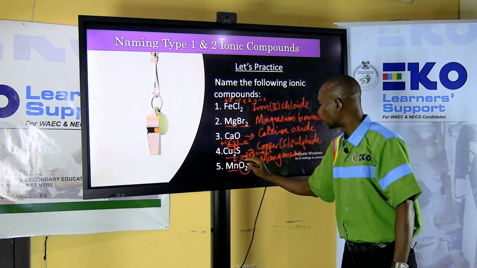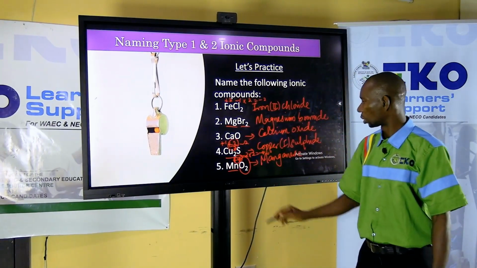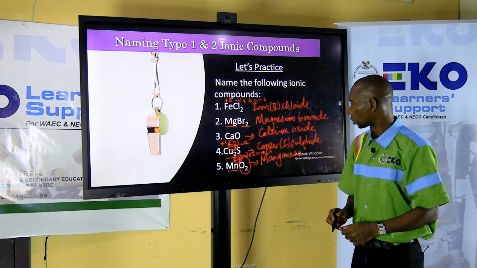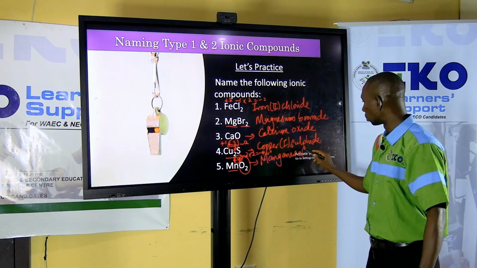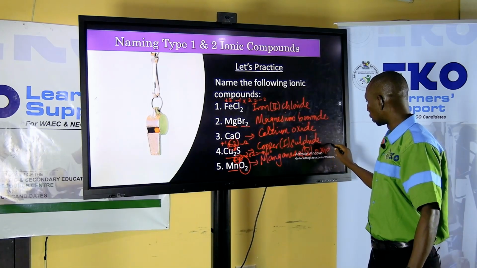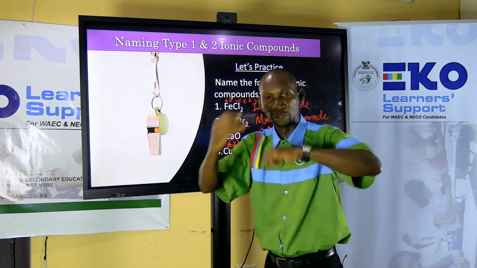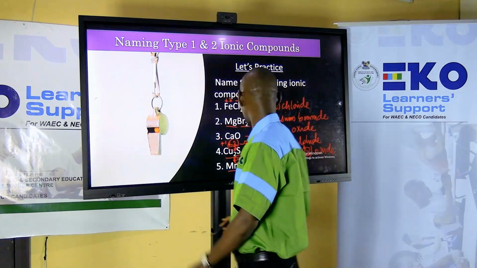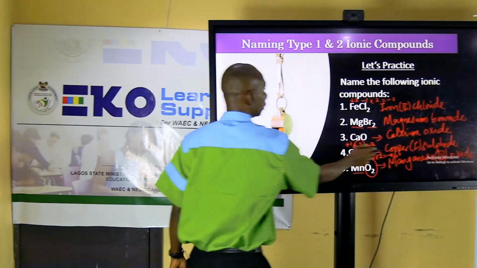And that means the manganese has to be +4 because the charge has to be balanced or neutral. So that is manganese, put in brackets, 4 oxide. If you got all 5 correctly, you should give yourself a round of applause. That's wonderful. So let's move on.